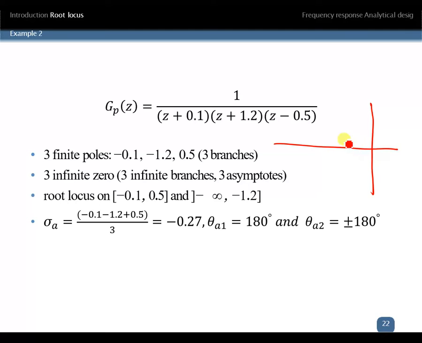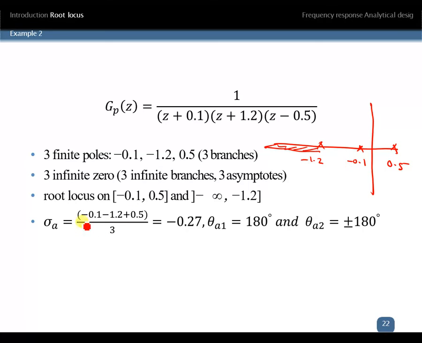One of them is z equal to 0.5 here, one of them is minus 1.2, and one of them is here. If you put the numbers 1, 2, 3 between minus infinity and minus 1.2, and another one is at minus 0.1, and here becomes 0.5.